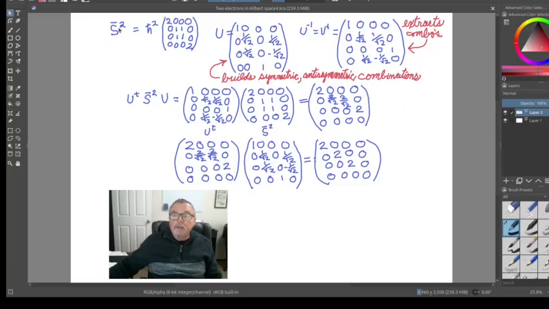But here's the matrix that we came up with in our original calculations. Here's a couple of matrices that are going to help us out. This first one builds symmetric, anti-symmetric combinations.